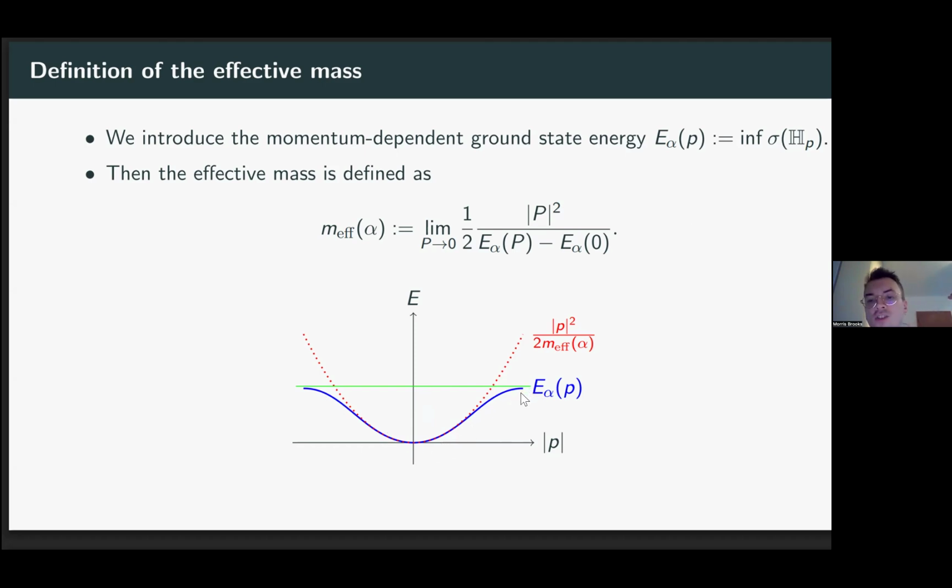It's actually conjectured that for the Fröhlich Hamiltonian in 3 dimensions, the blue line merges with the green line at a critical value of momentum. Now, as far as I understood, this has only been proven for small couplings alpha, below some threshold alpha 0. I think in general, this is an open problem as far as I'm aware. But maybe I can also tell you about a consequence of my work together with Robert Seiringer.